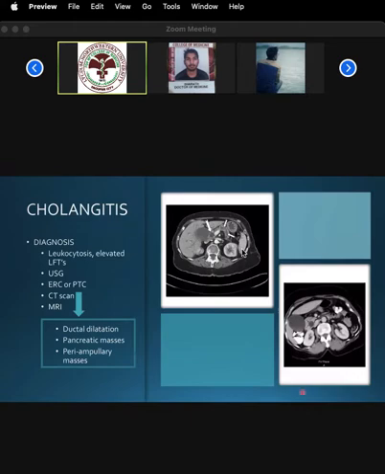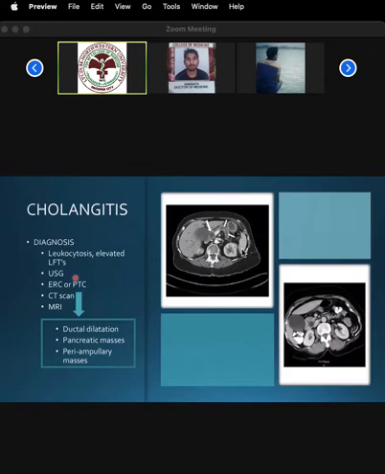So, as to your diagnosis first, you may request for CBC. You may encounter leukocytosis with elevated liver function tests.